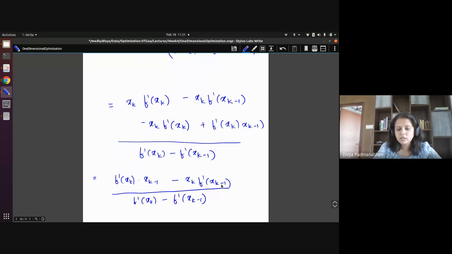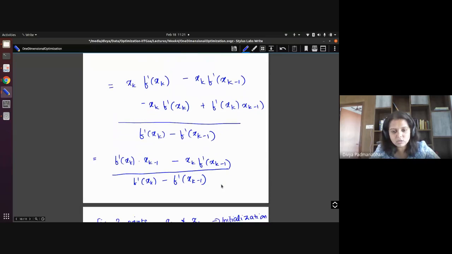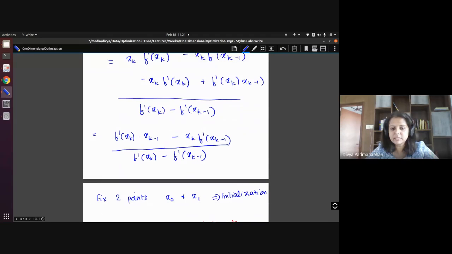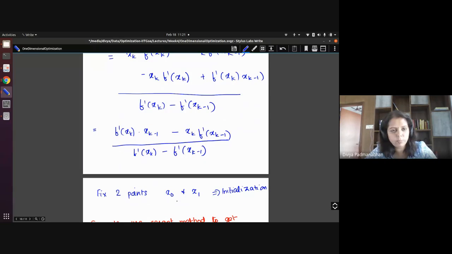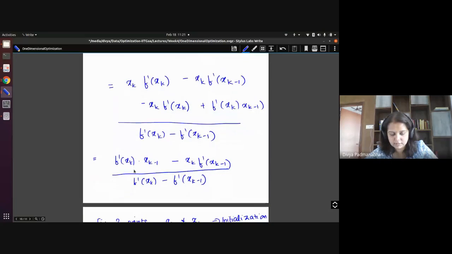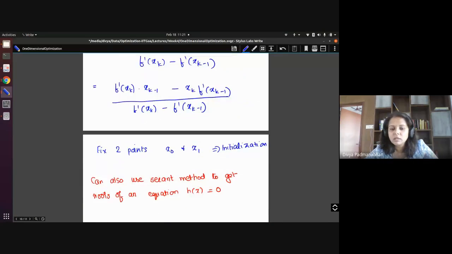The secant method is also something that people use, but here, instead of starting with one point x0, you need two points, x0 and x1. Those are the initial points, and then at every step you can find the new xk based on this iterate. I just wanted to introduce some of these one-dimensional methods to you. Basically, those are all from root finding, but they can be used for optimization.